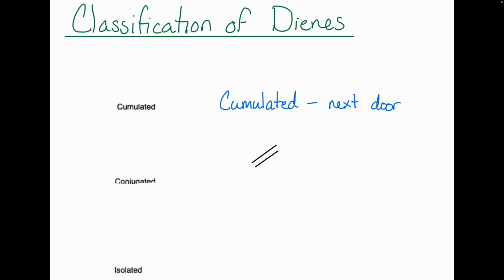All right, so here's my double bond in my molecule, and that same carbon atom has another double bond on the other side. This would be a cumulated diene. Why did I draw my cumulated diene like this in this straight line here?